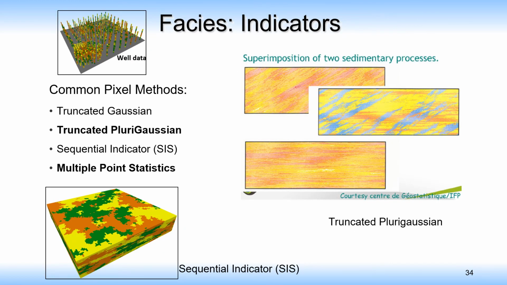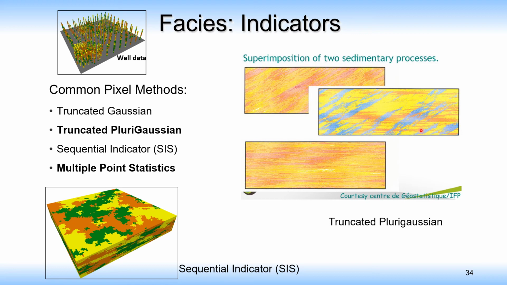So here we have well facies and common methods are truncated Gaussian, pluri-Gaussian, sequential indicator, and multi-point statistics. So pluri-Gaussian is really an extension of truncated Gaussian. We have here different directions of anisotropy shown, and it really allows us to have multiple processes or multiple anisotropy directions.